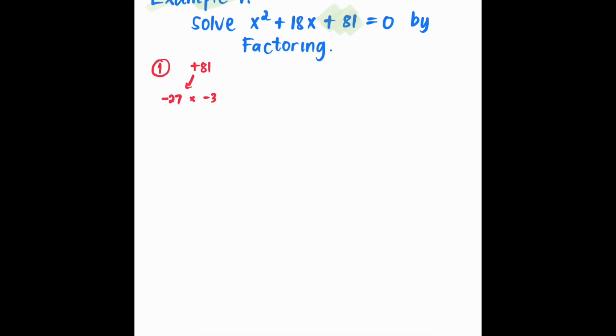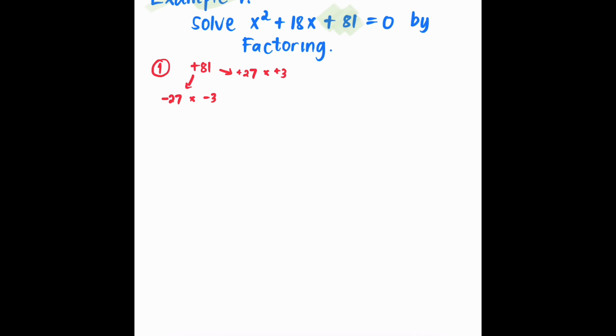So negative 27 times negative 3 gives us positive 81. Same goes with positive 27 times positive 3, which is also positive 81. So we're listing down here also the signs, because the signs are really important.